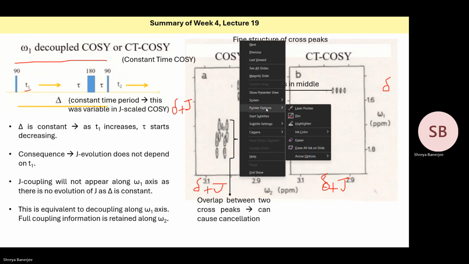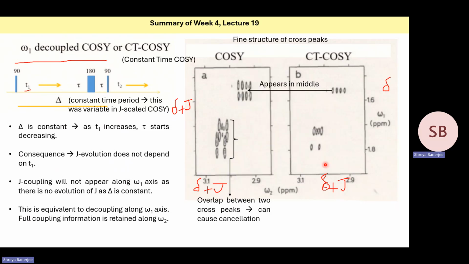So you are losing the J information from the omega 1 axis because you are not allowing J to evolve. Since the total time is constant, there is no J evolution, and so the J information disappears from the omega 1 axis.